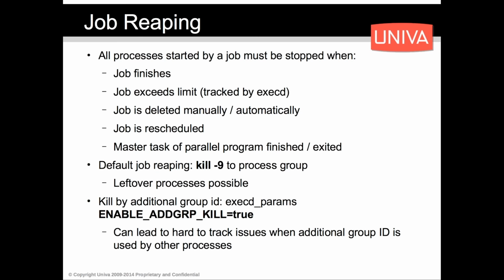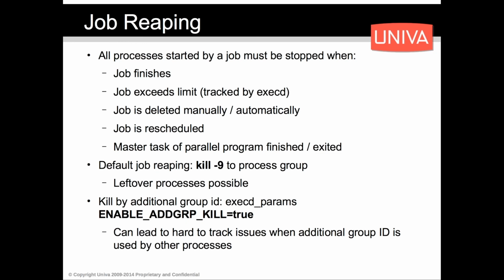A solution was implemented a very long time ago by a specific execution daemon parameter called enable additional group ID kill equals true. What this means is that when you installed Grid Engine, you provided a range of additional group IDs for the execution daemon. When a job is started, the execution daemon selects a free additional group ID and attaches it to the job.